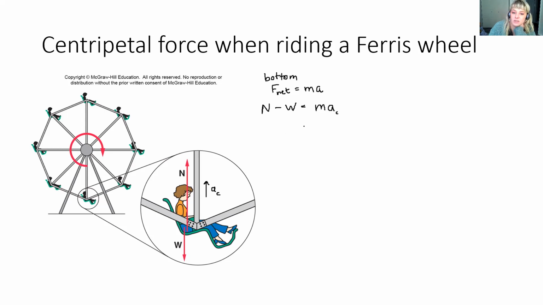What I'm going to do is solve this for the normal force. Normal force is equal to the weight plus m times the centripetal acceleration. And I'm just going to substitute the expression for centripetal acceleration, v squared over r, here.